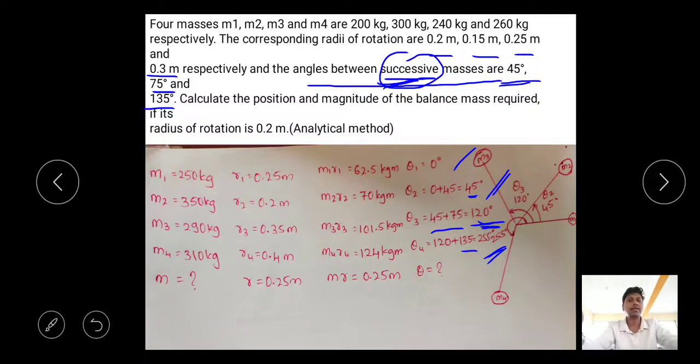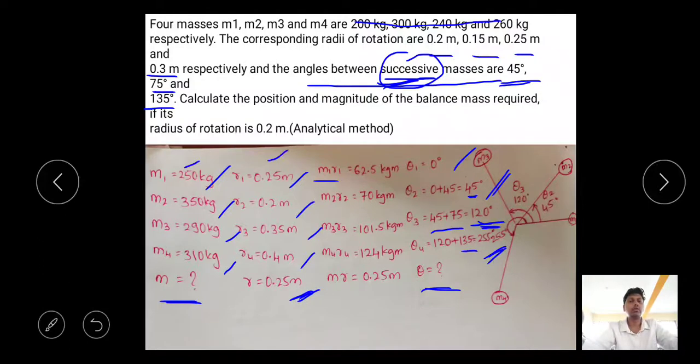The masses are wrongly printed here. The masses are 250 kg, 350, 290 and 310 kg. Four masses are there and their corresponding radii R1, R2, R3 and R4 are given, and last is the balance mass radius R. Now you have to find the mass and the angle. You just multiply m into r.